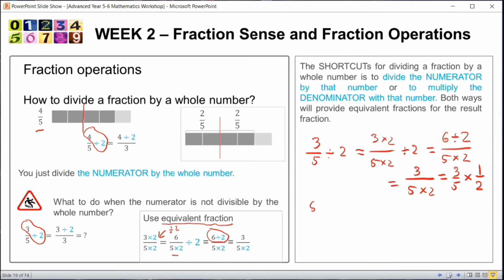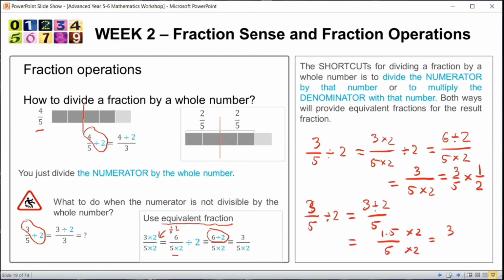Now, if you have 3 out of 5 and you divide by 2, it's still okay to divide the top. So you get 3 divided by 2 over 5. That's still okay in this case. Now that equals 1.5 over 5. Make sense? Now you can time both with 2.